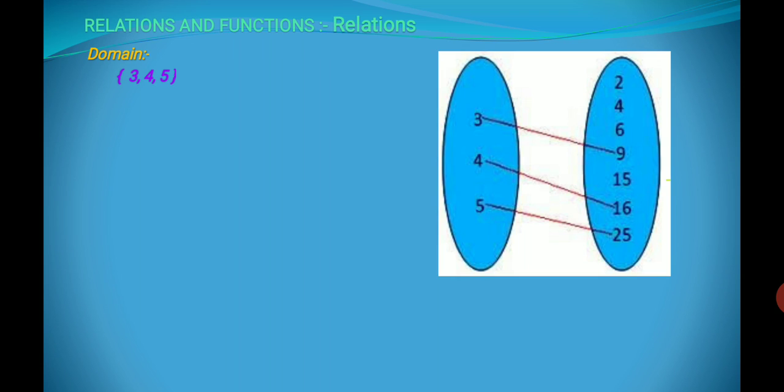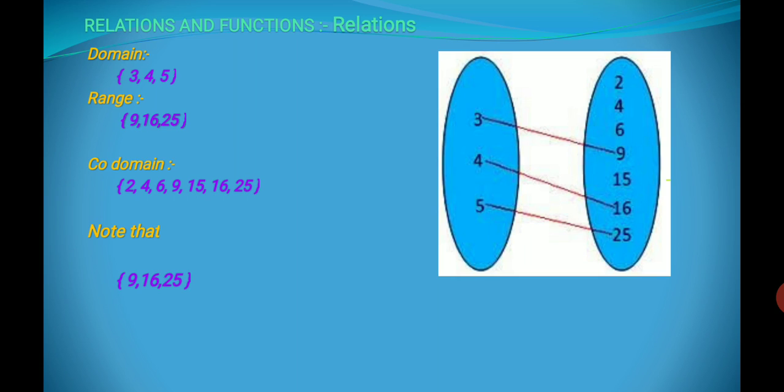Check here. What is the domain? 3, 4, 5. What is the range? 9, 16, 25. And what is the codomain? The whole second set, that is 2, 4, 6, 9, 15, 16, 25.